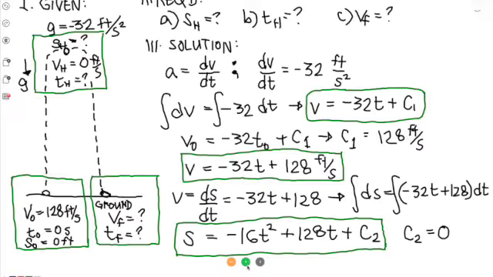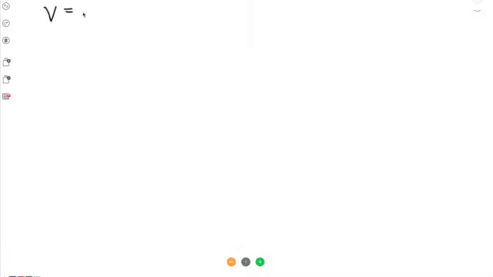Okay, so let me write the first particular solution in terms of the velocity that we have. That's v equals negative 32 of t plus 128.